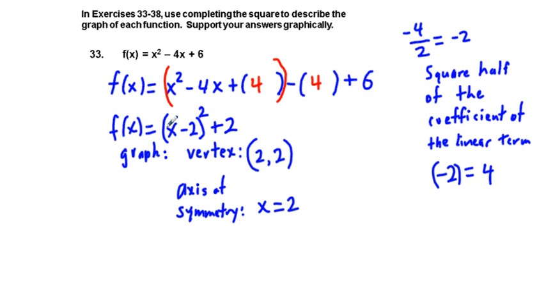So we have our function, our vertex, our axis of symmetry, and parabola opens upward.